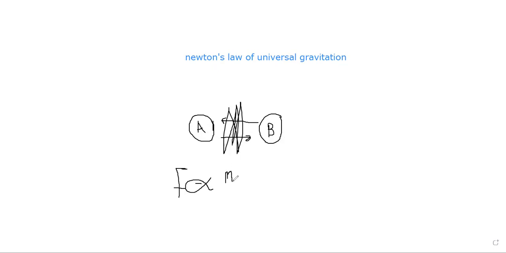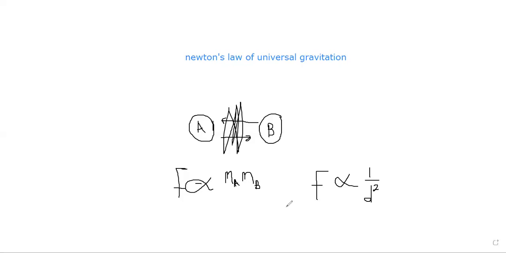So I'm going to say mA, we use small letter m for mass, and then mB. But this force is also inversely proportional to the square distance between the two masses. So 1 over, and we're going to use d for our distance, d squared.